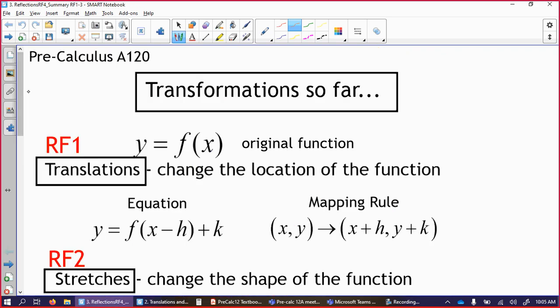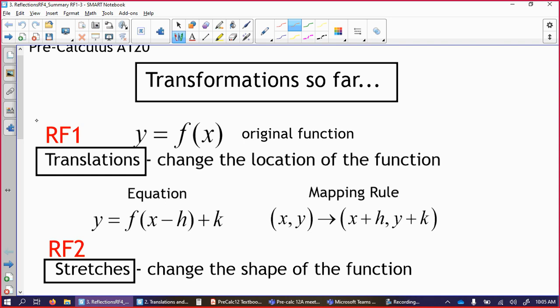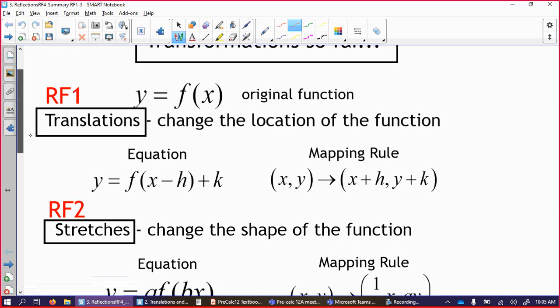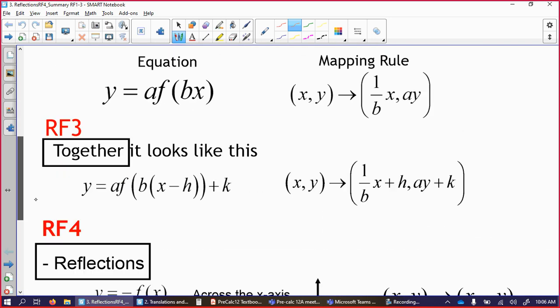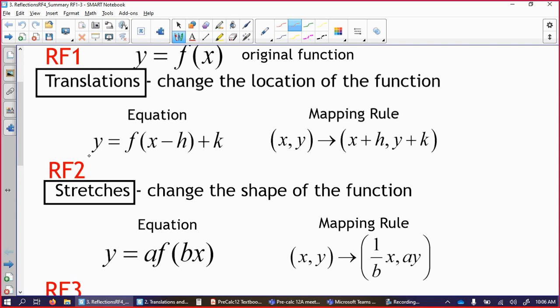So this is kind of what we've looked at. The RFs are the outcomes per the curriculum. Some people think you have to title everything and this and that, and it's like, well, I don't know. I don't think I've met very many kids who've actually looked at the curriculum.